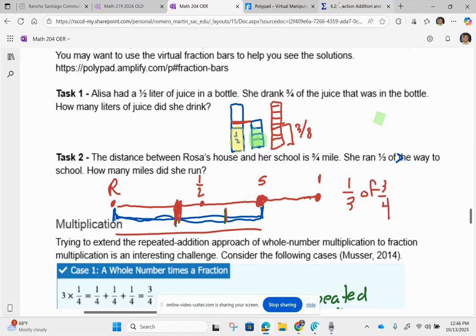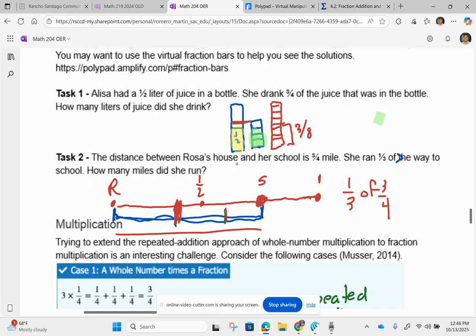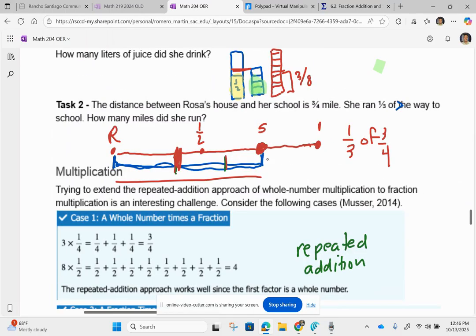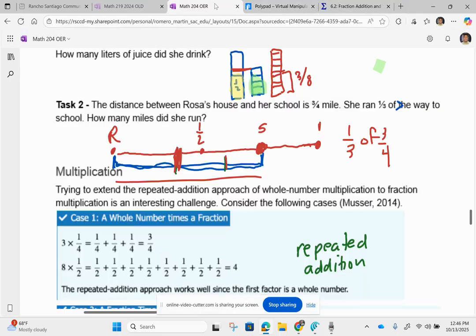So it turns out from the picture, oh, you don't even need the twelfths. There's your 3/4. She ran 1/3 of the 3/4. So there's 1/4. She ran 1/4 of a mile. Again, the visual helps us. Sorry, I confused you with the twelfths. I thought it was going to be more complicated, but it already turned out perfectly. You could also say technically she ran 3/12, which is equivalent to 1/4.